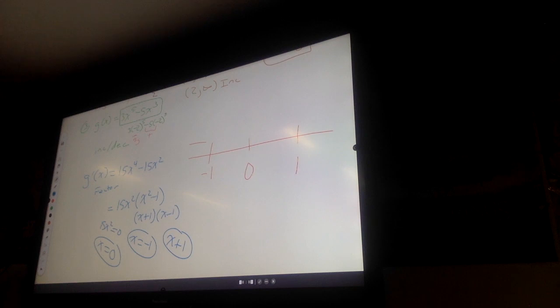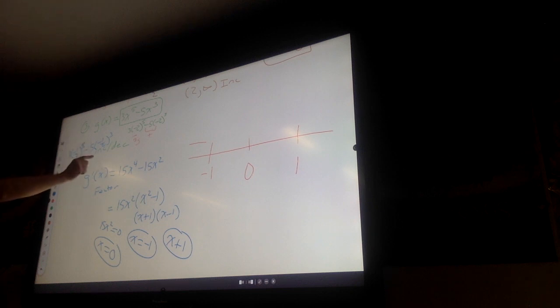A number that is between 0 and 1, or 0 and negative 1, I'm going to take negative half and plug it in. Half times that, this is going to give me a negative answer.